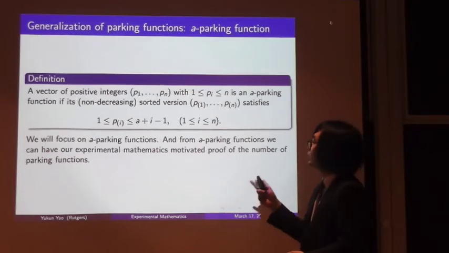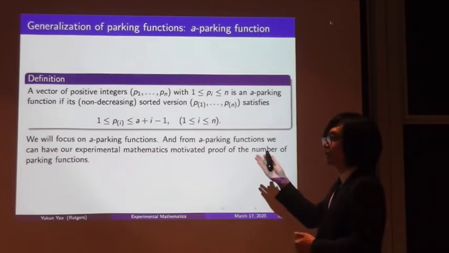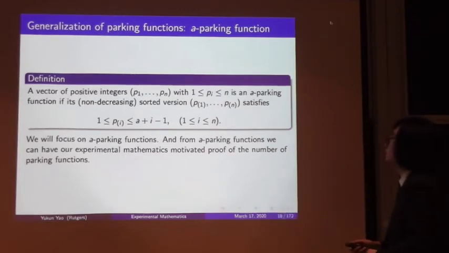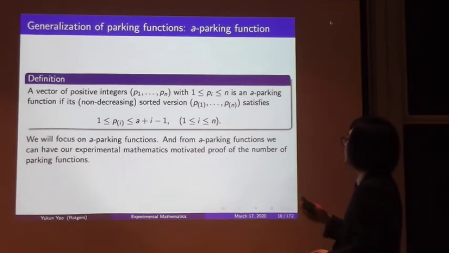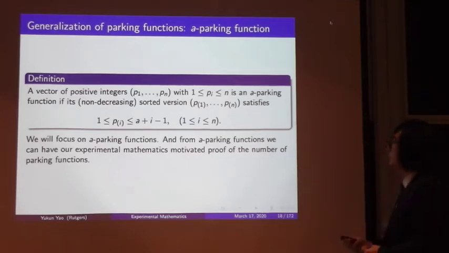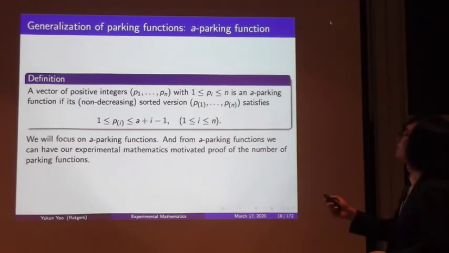So when a is 1, it is just the usual parking function I mentioned. And we will focus on a-parking functions because from them, we can get our experimental mathematics motivated proof of the number of parking functions.